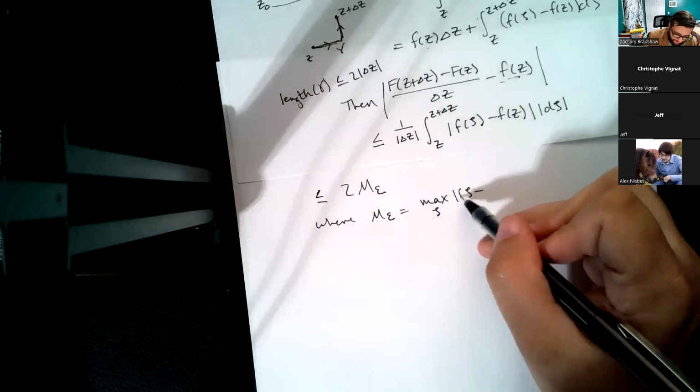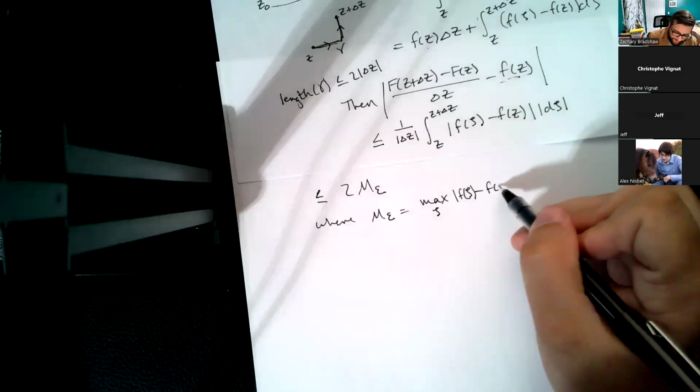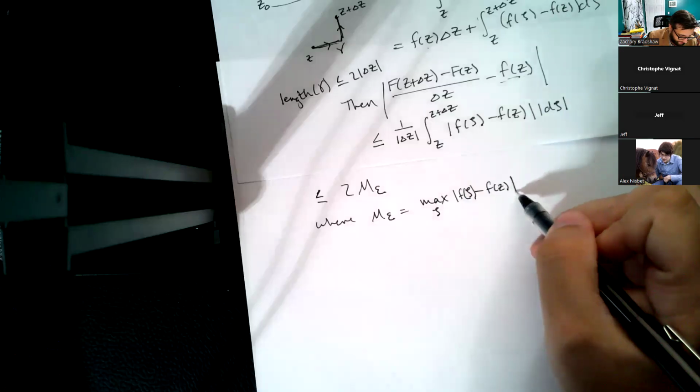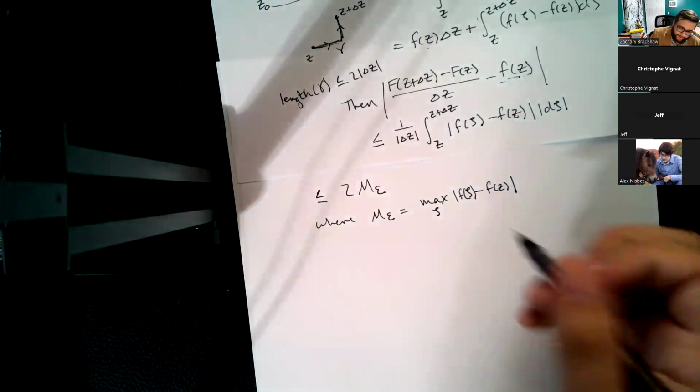That should definitely be f of zeta minus f of z. Epsilon, I think.